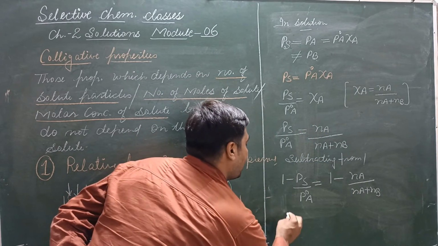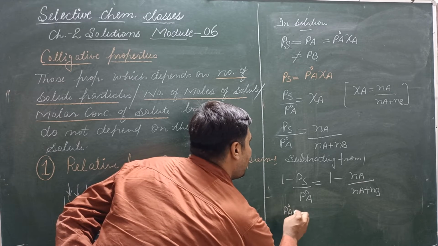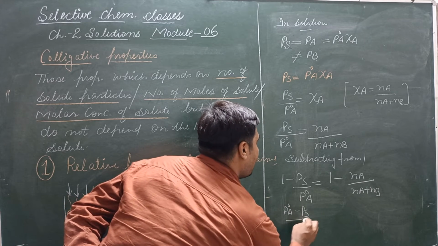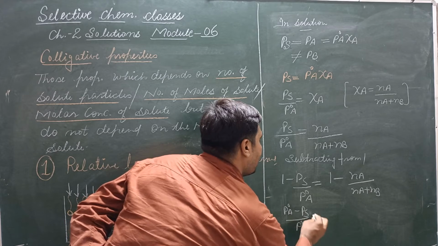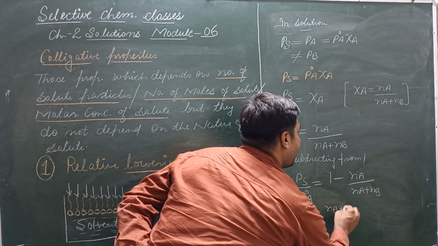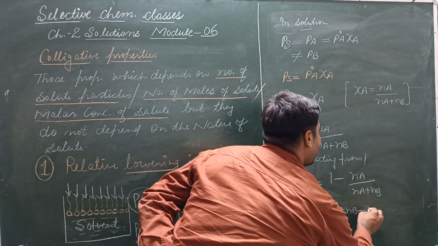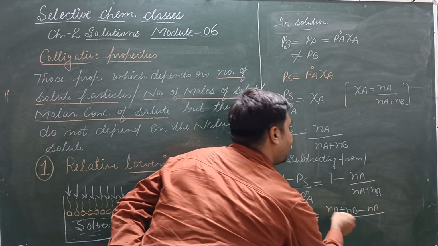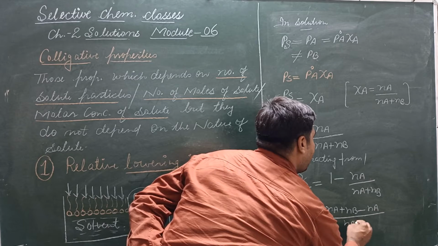From here we got P naught A minus PS by P naught A will be equal to, by taking LCM, NA plus NB minus NA divided by NA plus NB.